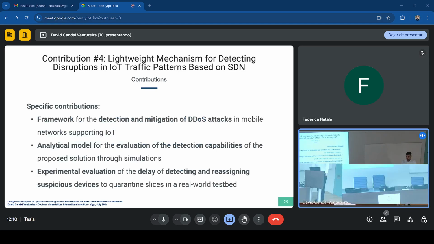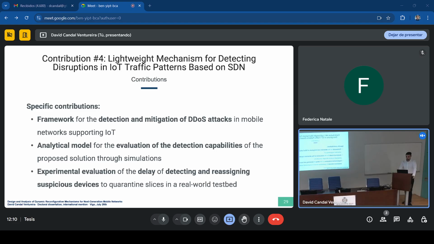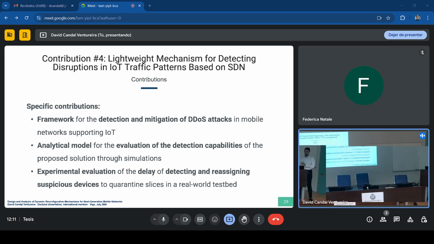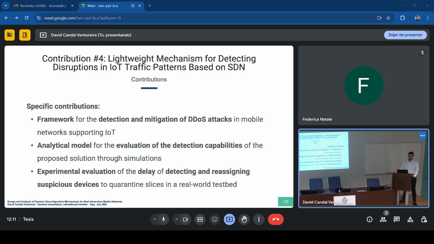In summary, this work presents a solution to reduce the complexity of DDoS prevention systems in massive IoT networks by performing a lightweight analysis of traffic patterns. It keeps the set of devices showing regular behavior isolated from those that show deviations, ensuring that the performance of the former is not compromised.